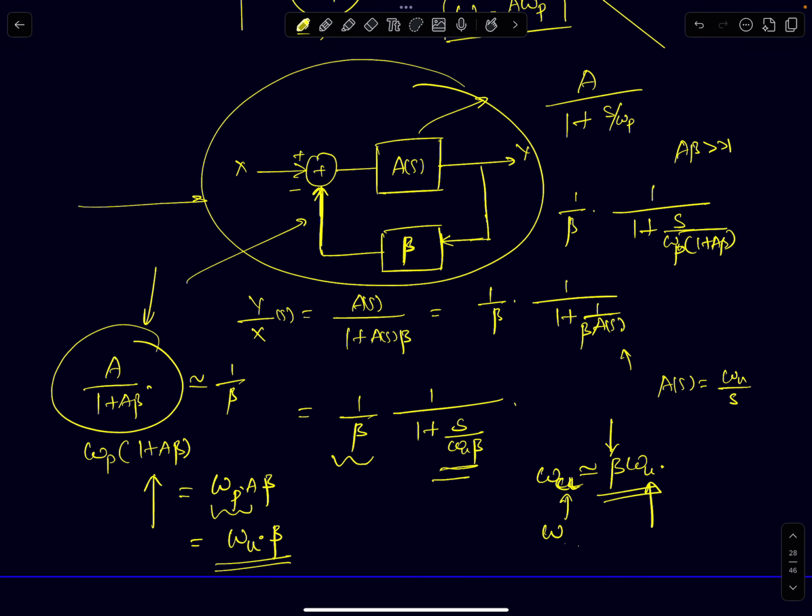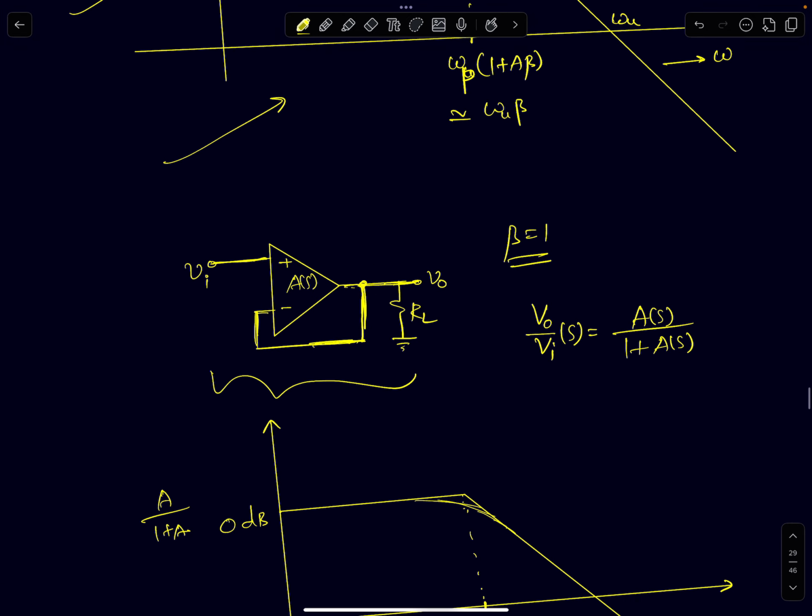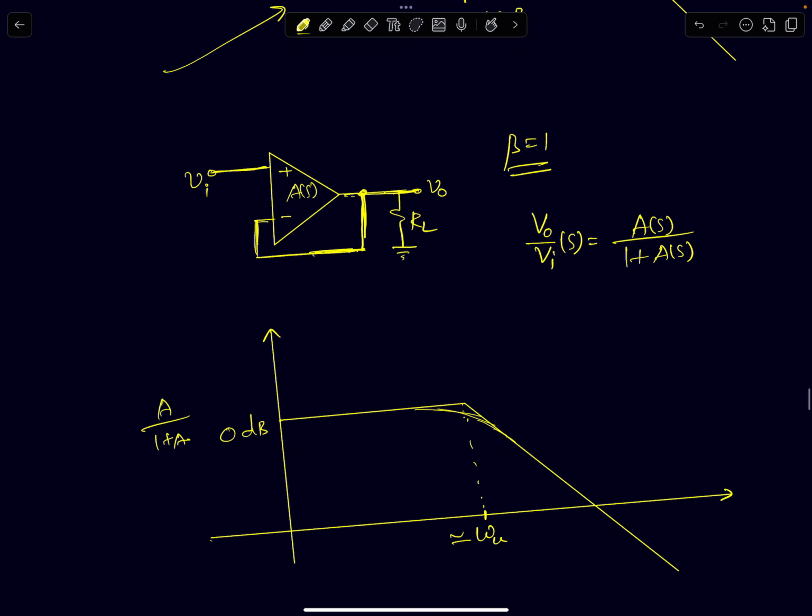So if you keep that in mind, I can directly draw its frequency response graph. It's going to look something like this. 1 by beta is 0 decibels, beta is 1. It's going to remain constant for frequencies till UGB. Beta is 1, so the 3 dB bandwidth of this closed loop amplifier is going to be omega u itself.